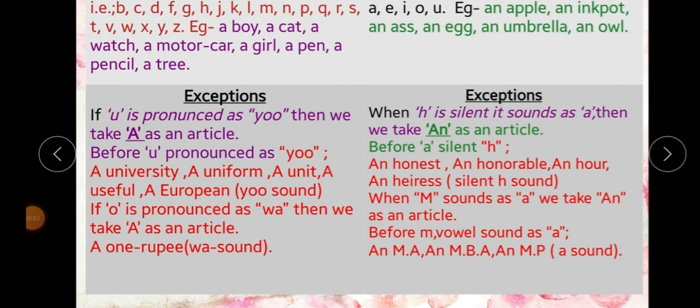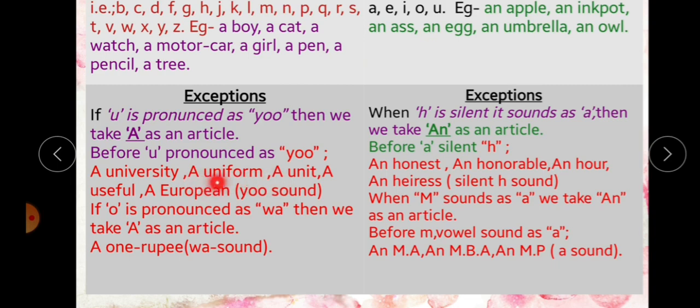Now exceptions. If U is pronounced as yoo, then we take a as an article before U pronounced as yoo. For example, a university. Now over here U is a vowel, but the sound that comes is yoo. Therefore, we will use a as an article, not an. Then in the same way, a uniform.